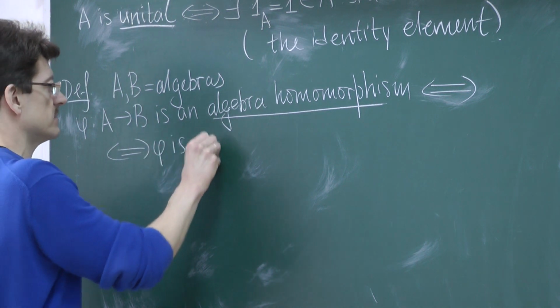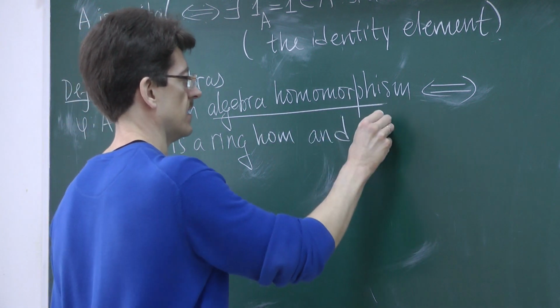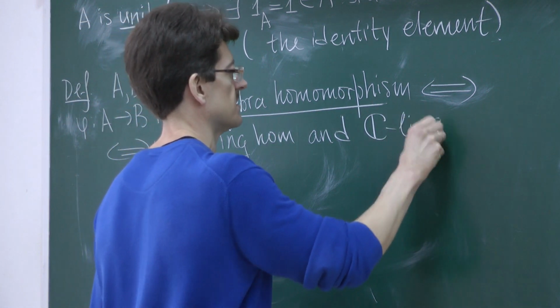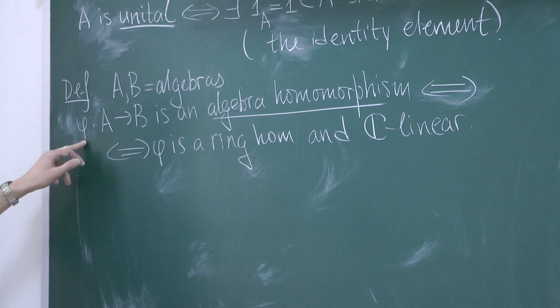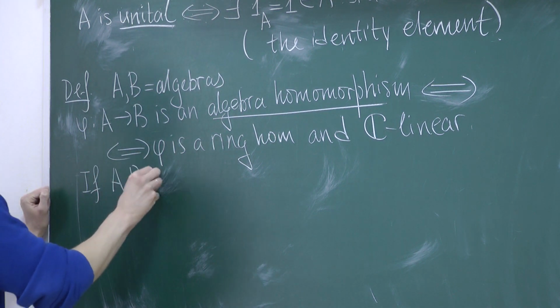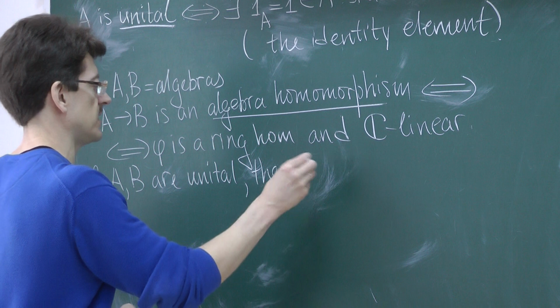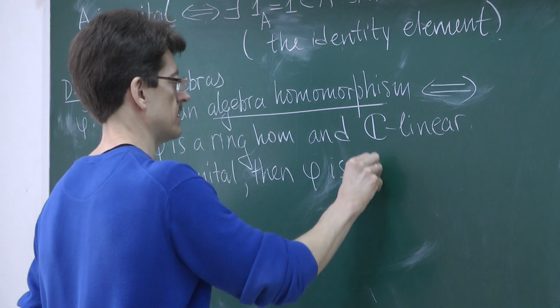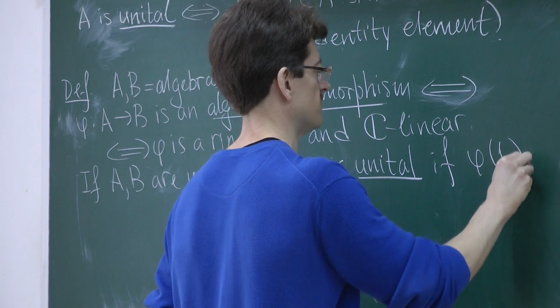If phi is a ring homomorphism and is linear over the complex numbers. And we say that phi is a unital homomorphism if it takes the identity of A to the identity of B. So if A and B are unital, then we say that phi is unital if it takes the identity of A to the identity of B.